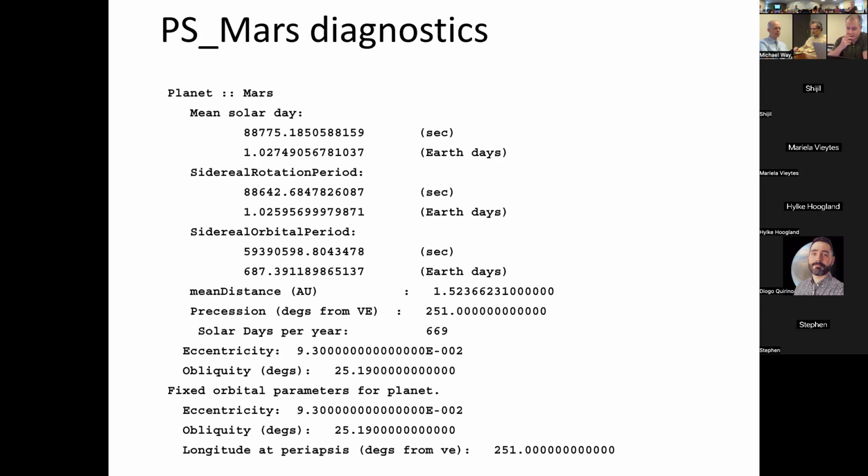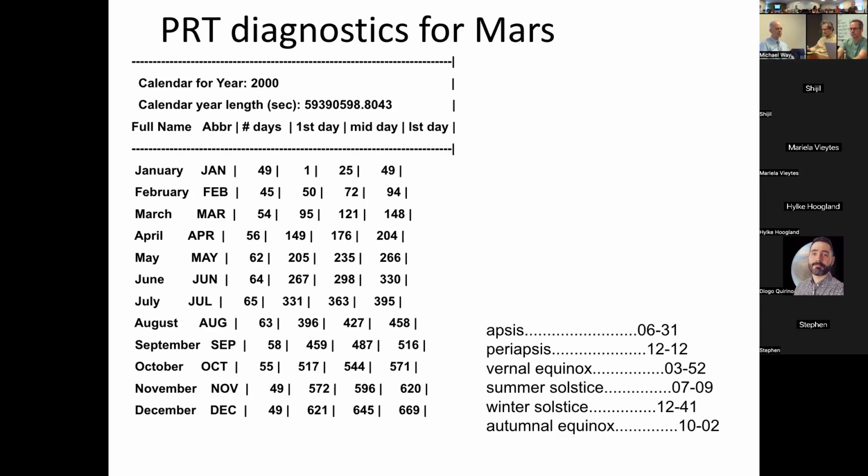Next slide. This shows the same information that is printed in the log file when the model starts. It's a good place to check that your run deck was really read, and that all the parameters you set in the run deck were understood by the model. Next slide please.